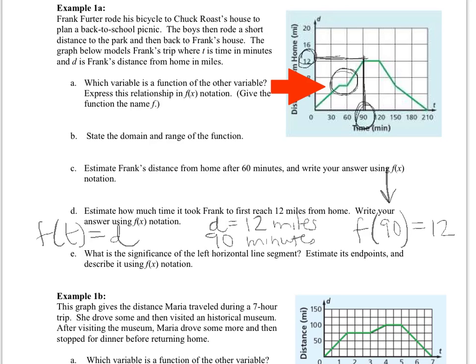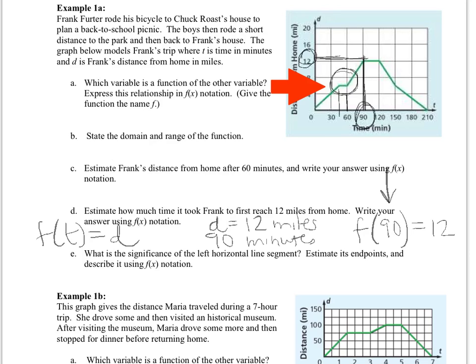They want to know, what does that mean? It looks like it starts at 45 and ends at 60. So from 45 to 60, and that's minutes.